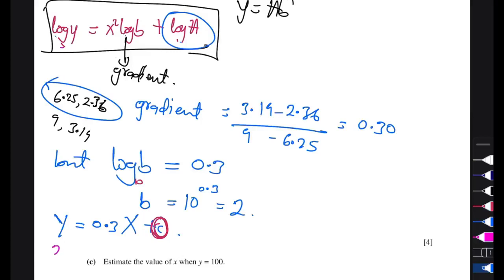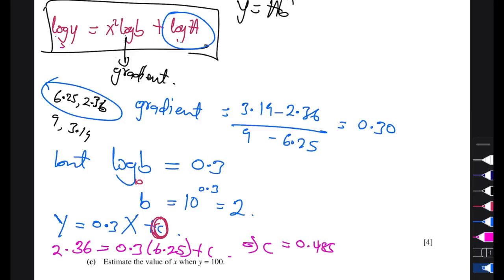So that means that we have 2.36 is equal to 0.3 into bracket 6.25 plus C. So from here, you can just find C, and that will be 2.36 minus 0.3 into bracket 6.25. And from the calculator, C is basically 0.485.